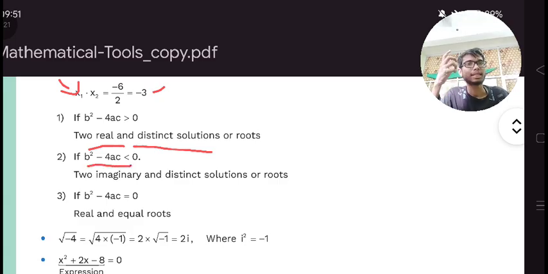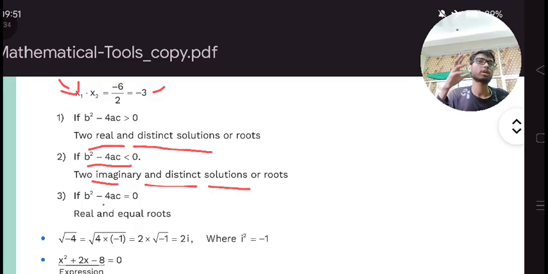If D is less than 0, in that case imaginary numbers will come and both will be different. If b square minus 4ac is equal to 0, D is coming as 0, in that case the root will be real.